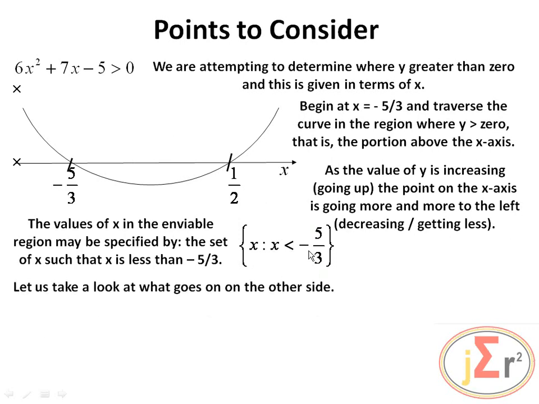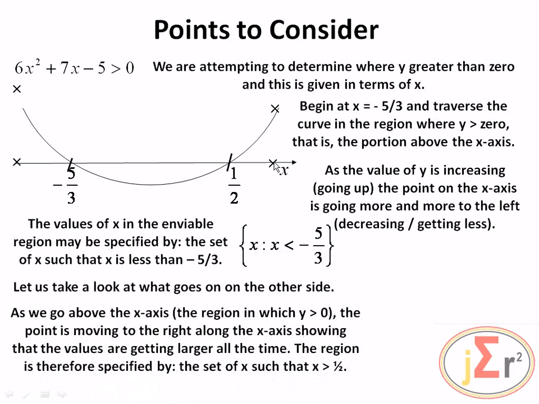So let us take a look at what goes on the other side, right there. Notice that we begin here as we go up above the x-axis, that is where y is equal to 0. So we are going to go for y greater than 0. We are going up like that. So we are traveling along the x-axis to the right.